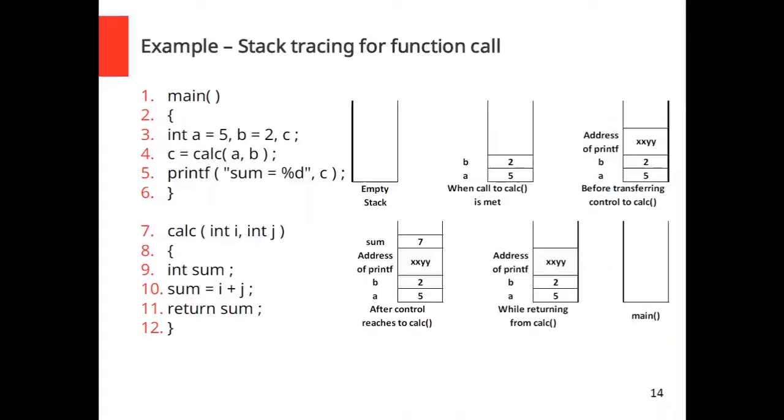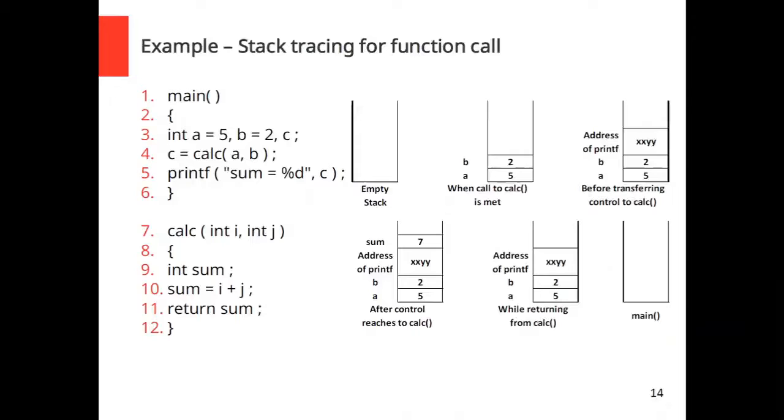From the main function, at statement 4 it makes a call to the calc function. So we'll see how the stack is used in this case. In the beginning the stack is empty. When the call to calc is met at statement 4, the existing variables a and b are pushed to the stack.